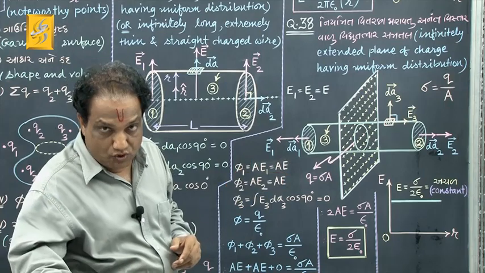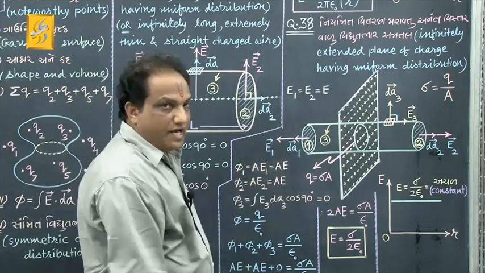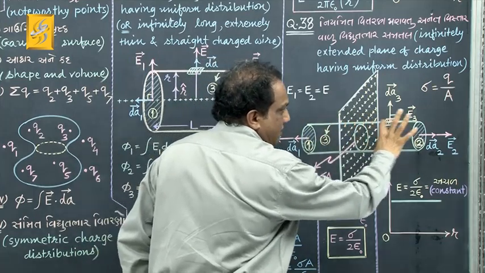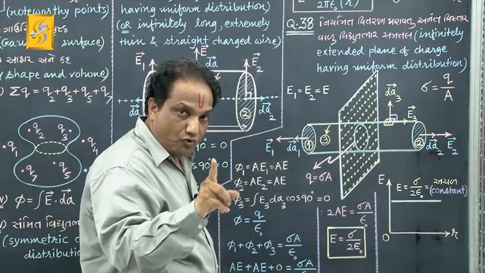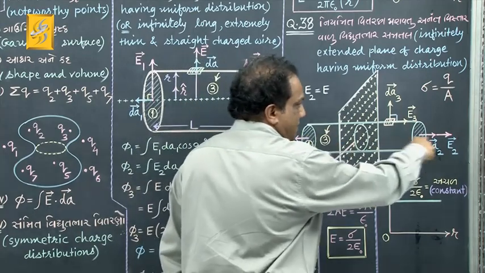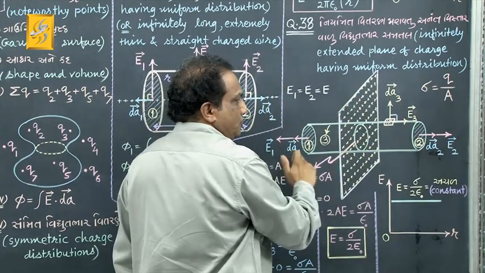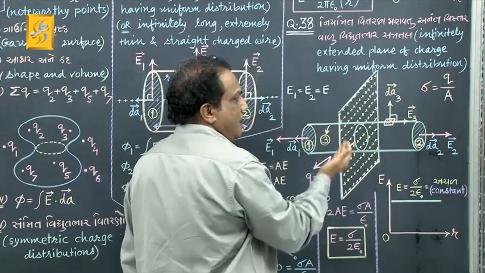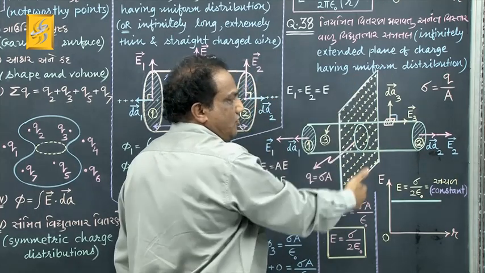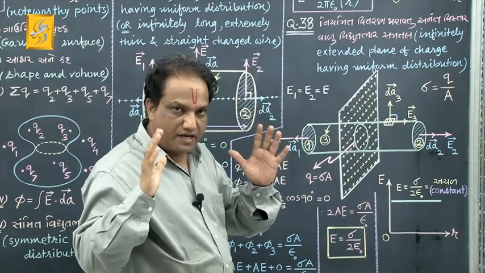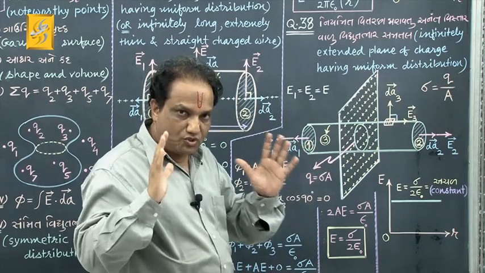We have to find out magnitude of that electric field. How to find out? I am showing you. As shown in the diagram, you just consider a convenient cylindrical Gaussian surface whose axis is perpendicular to this plane of charge and whose both the halves, equal halves, are lying on the either side of plane of charge. I would like to show you exactly in the diagram, I mean the physical situation.